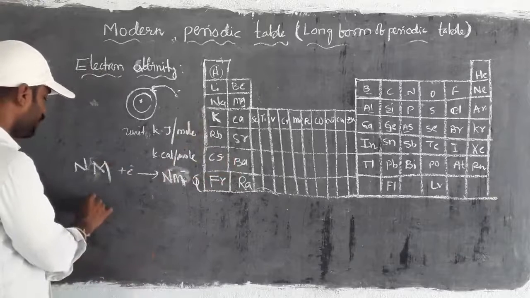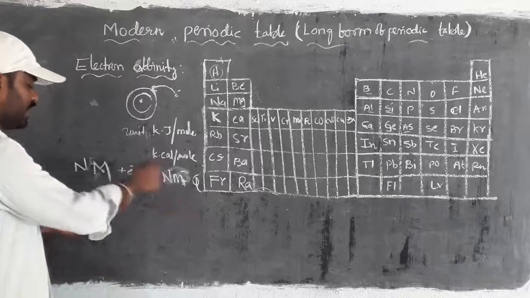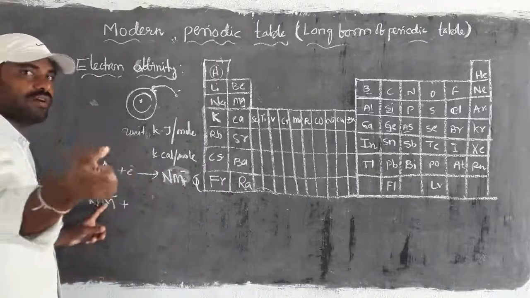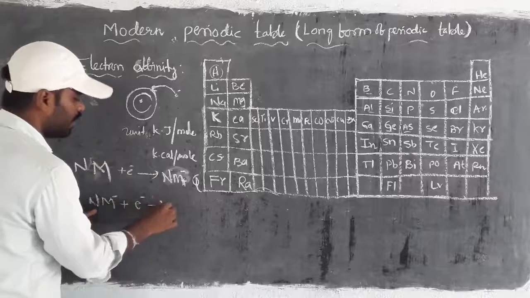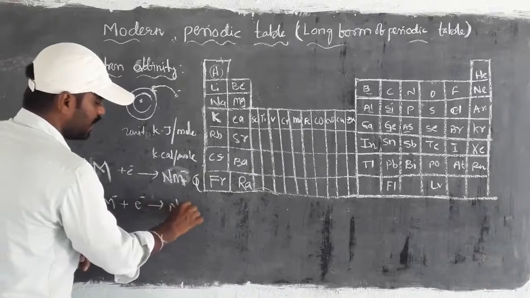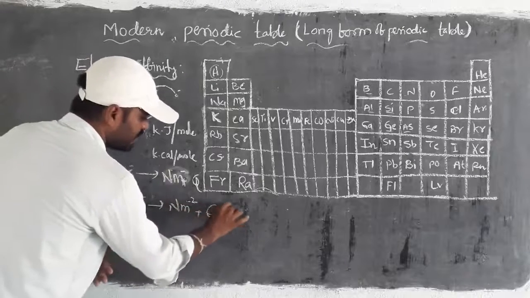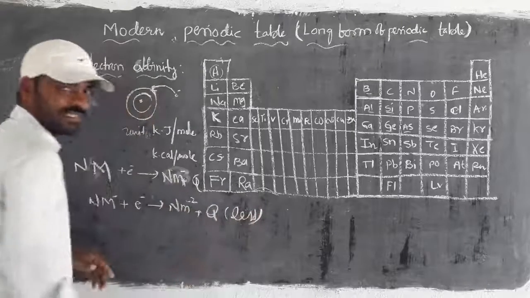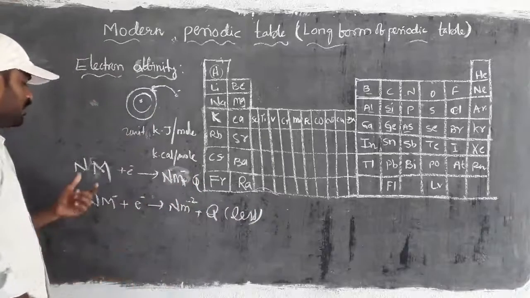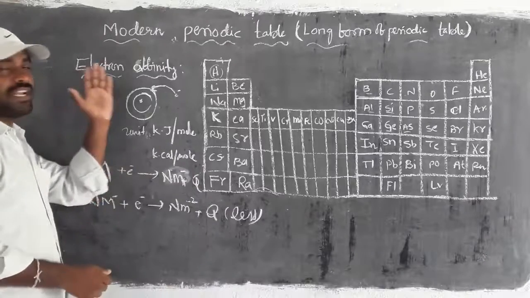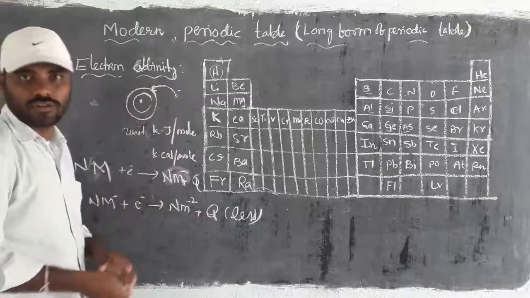But if you add one more electron, already one electron is received, meaning a uniquely negative charged species. If you add one more electron, there is no chance to release the energy. The first released energy is very small, but this one is a little bit more. From that we can say that the first electron affinity is always more than the second electron affinity.